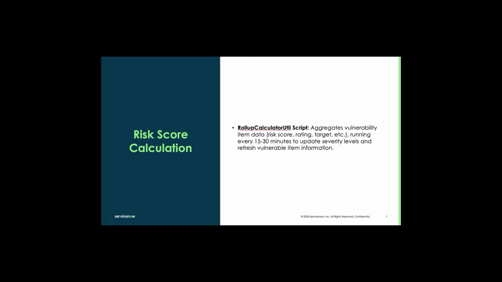What I'm trying to get at is that vulnerabilities come in at a specific time, and these jobs and scripts run at a certain time, so you need to understand that there's going to be some overlap in processing of scheduled jobs. That's the key point: when you're coming up with your strategy, you need to realize when things run, how long it takes for those jobs to run, and then ensure that the risk scores are updated or run at the appropriate time.